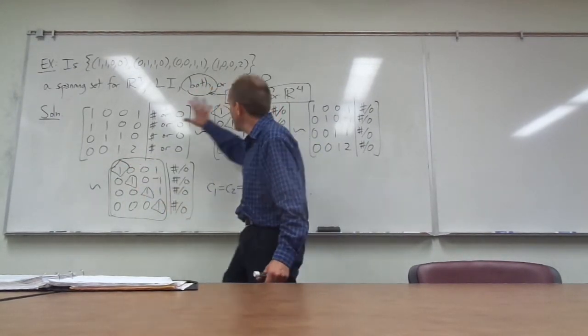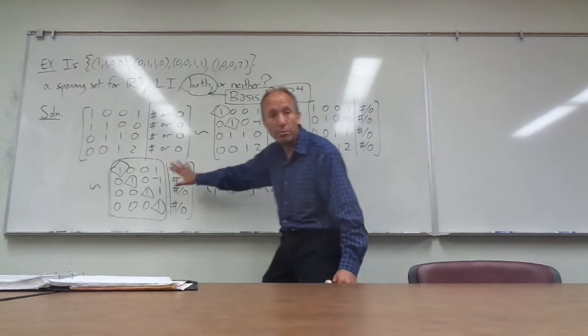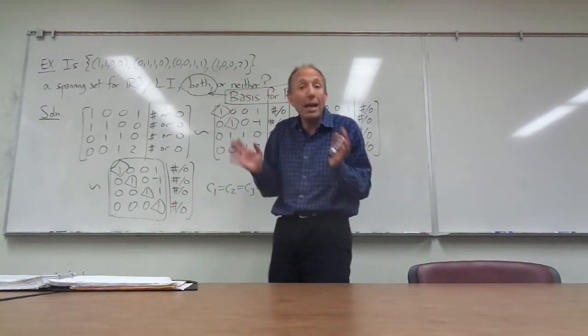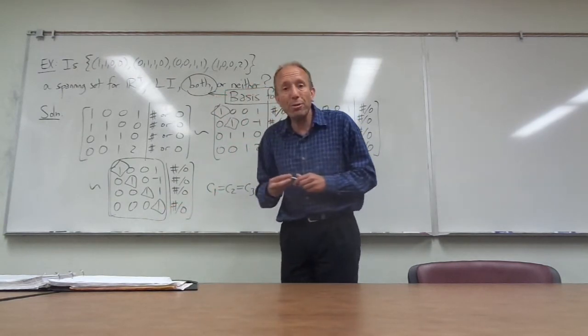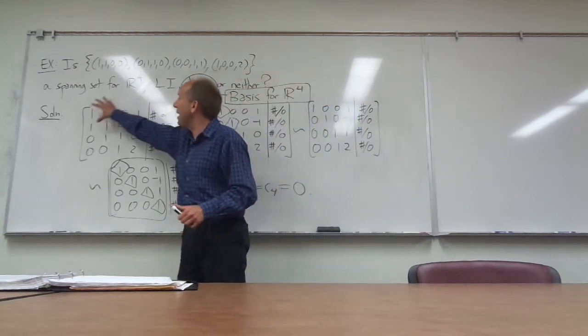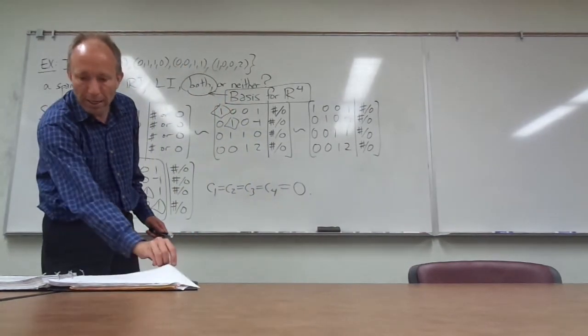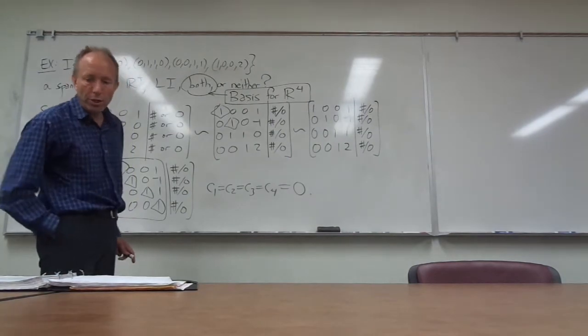I chose to do the elementary row operations, and it wasn't too bad. But if you didn't like them, you could have instead just taken the determinant of this matrix, and that would have been good enough.